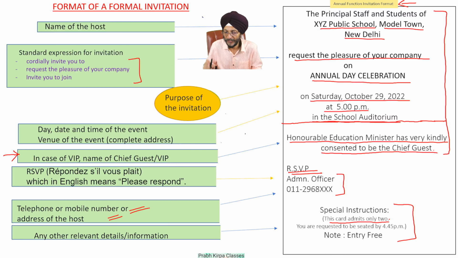That is, only two persons will be allowed on showing this card. Next, it is also written that you are requested to be seated by 4:45 p.m. as the function will start by 5 p.m. It is also mentioned that there is no entry fee, that is, no money has to be paid as entry fees.